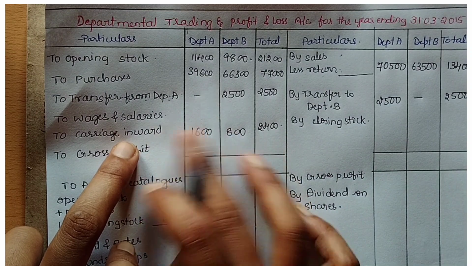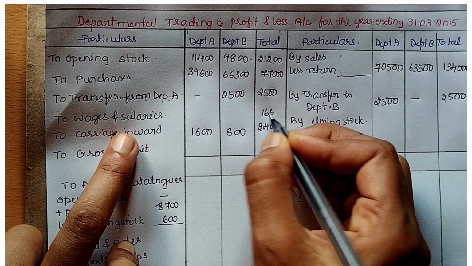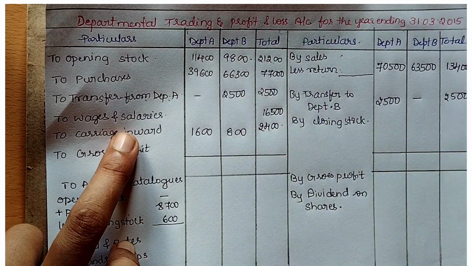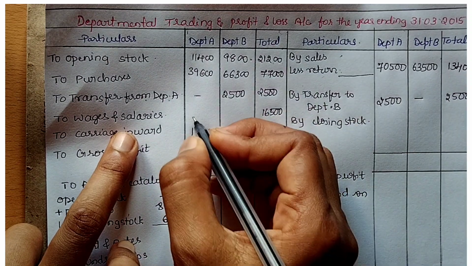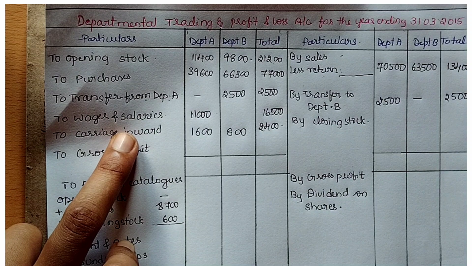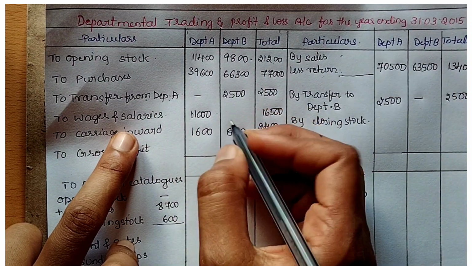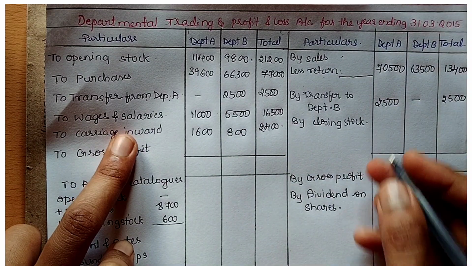What is the wages total? Wages and salaries, 16,500. Again do the same, 2 by 3, 11,000 and 1 by 3, that is the remaining, 5,500. Done. Now the closing stock.